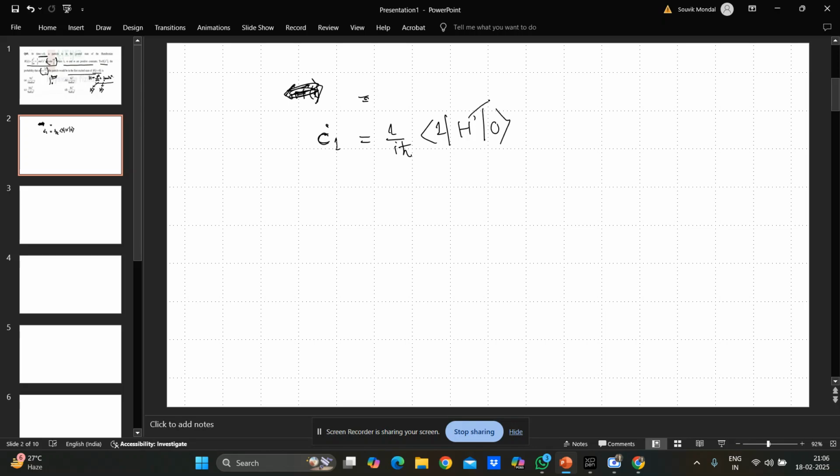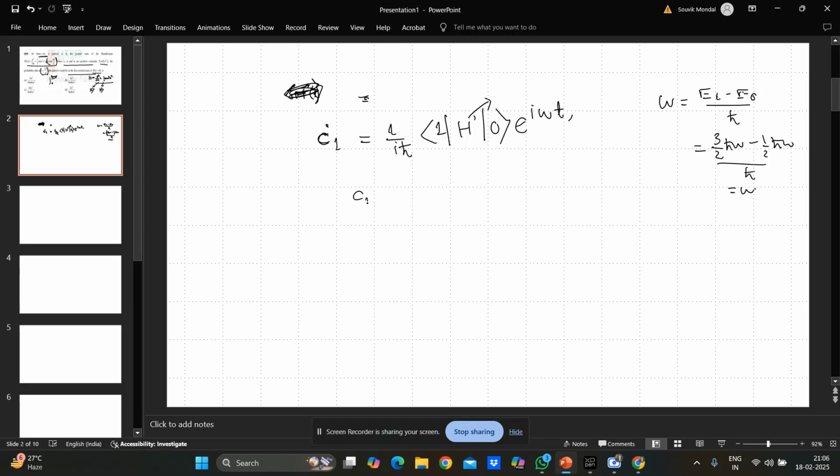If you separate the spatial part, then there comes an e to the power i omega t, where omega is (E1 minus E0) divided by h cross. For this case it is simply omega, because 3 by 2 h cross omega minus half h cross omega, divided by h cross, gives omega.